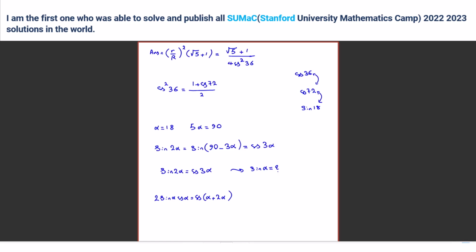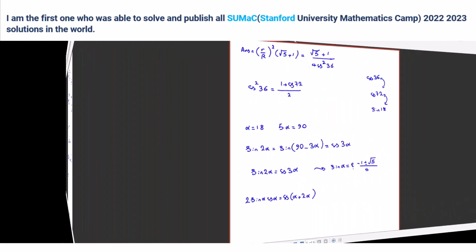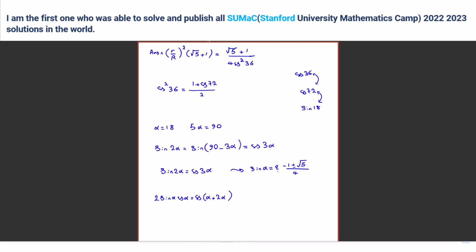I got that sine alpha is minus 1 plus minus square root of 5 over 4, right? We should select minus root 5 or plus root 5. So which of them is our answer?